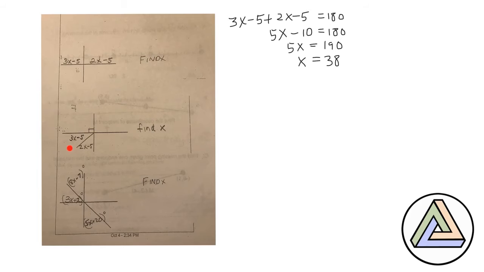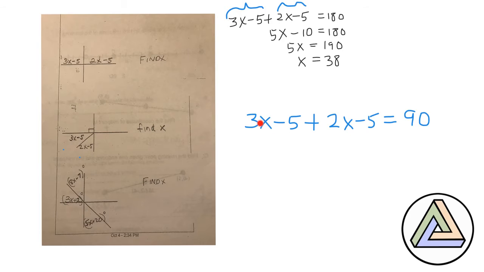Okay, looking at the next one, we've got two complementary angles right there. So that's going to be 3x minus 5 plus 2x minus 5 equals 90 this time. Now, if I'm not mistaken, it's the same expressions. Here's the deal. My student is definitely skilled enough to just go through the motions here. That's going to be 5x minus 10 equals 90.